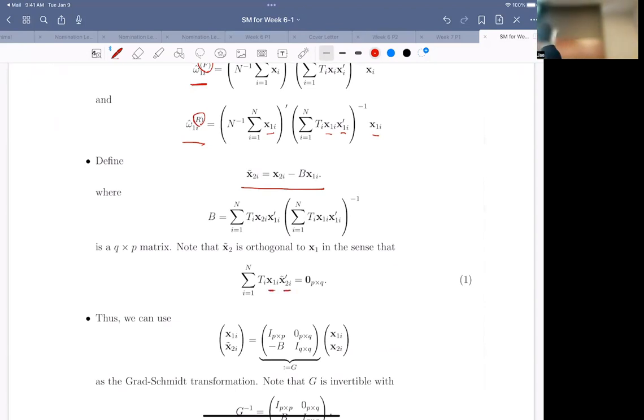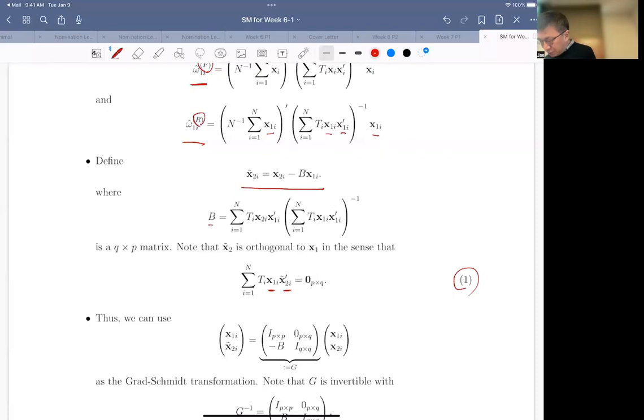So this X2 tilde becomes the core of X2, adjusting for the effect of X1. So that's supposed to be orthogonal. That is the result achieved by construction, by applying this Gram-Schmidt construction.